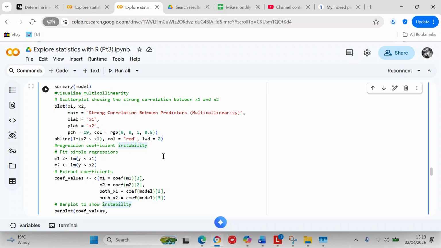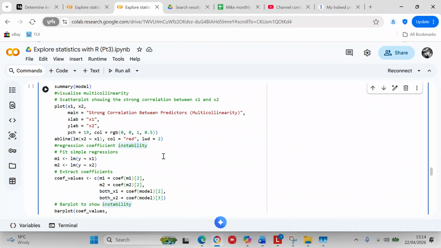Color is rgb, and that's a type of color specification used in computers, then (0, 0, 1, 0.5). So that's a vector that you have created that specifies the color.